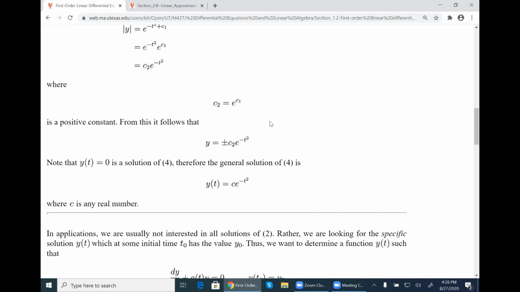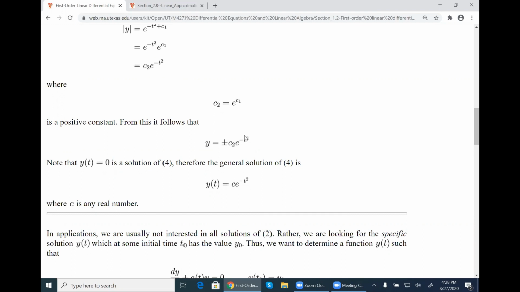And now let us put pieces together. If y of t is not equal to 0, y of t is equal to this. If y of t is equal to 0, then y of t can be written as y is equal to 0 times e to negative t squared.